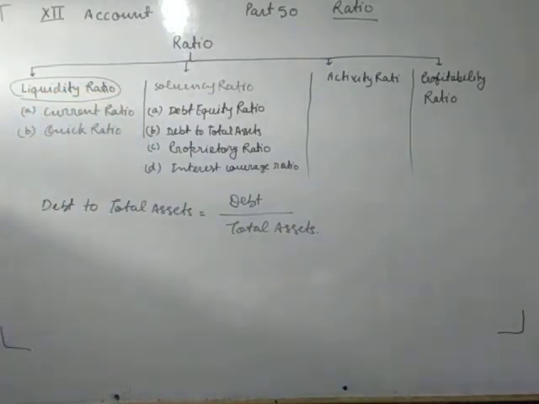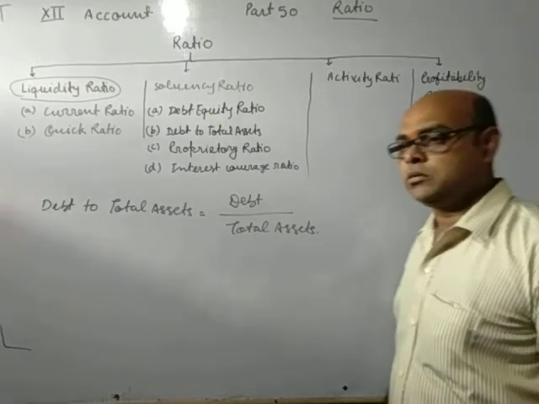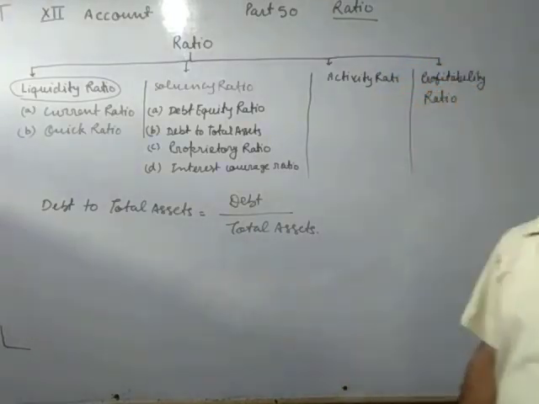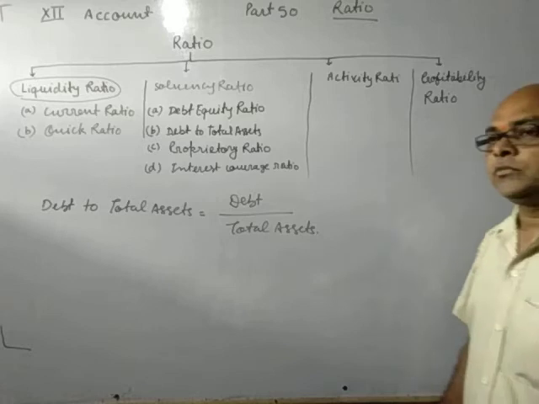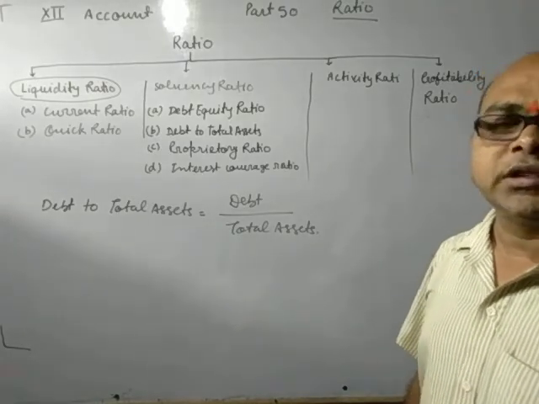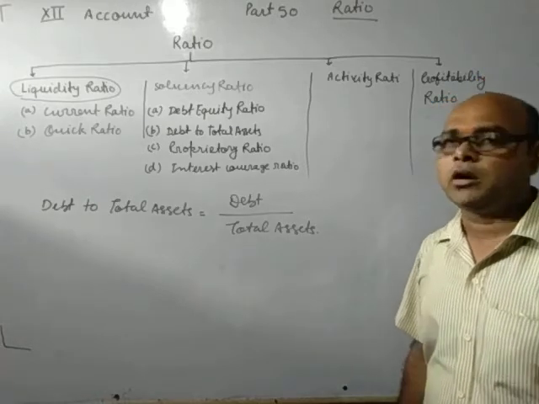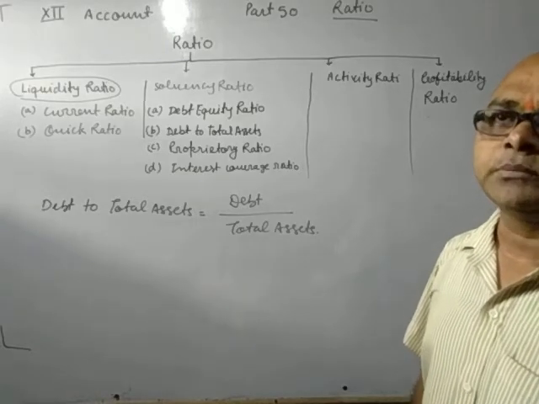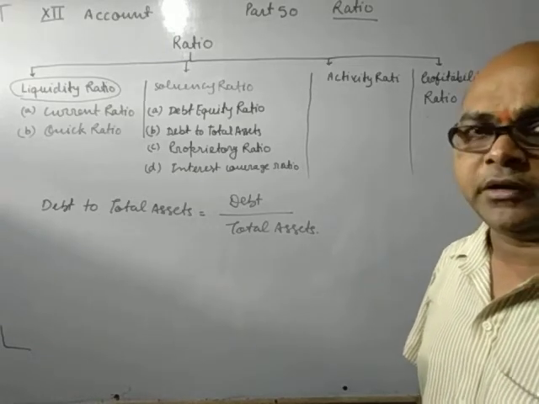So here long-term loans are compared with the total assets of the firm, because the persons who provide the long-term loan know that if the company does not pay their money within time, they can go to court, take the decree of all the assets of the company, and by selling the assets they can get their payment.